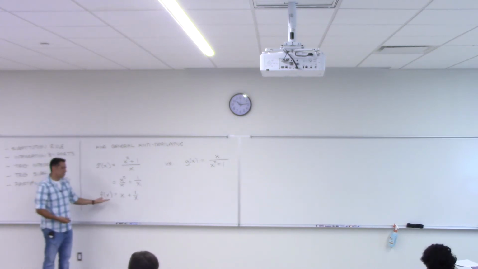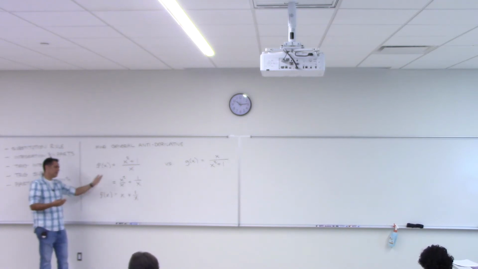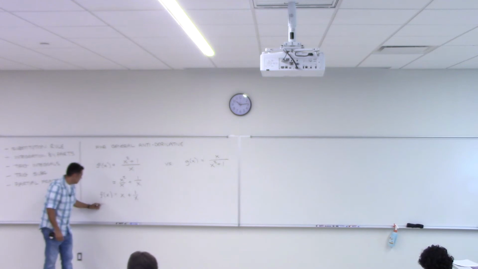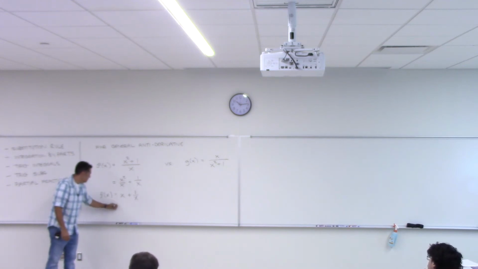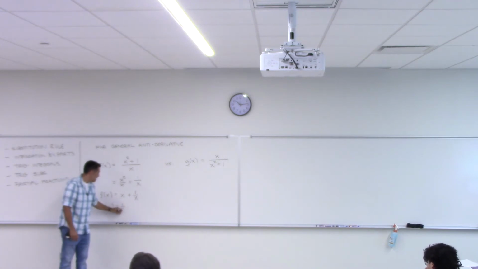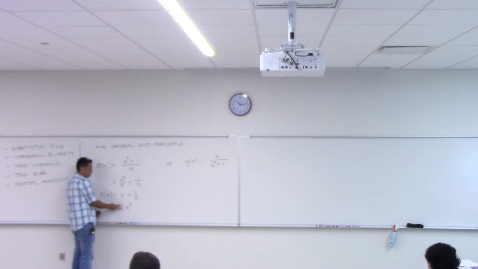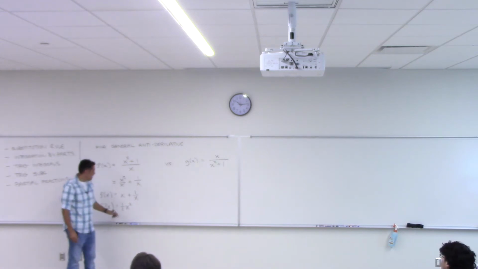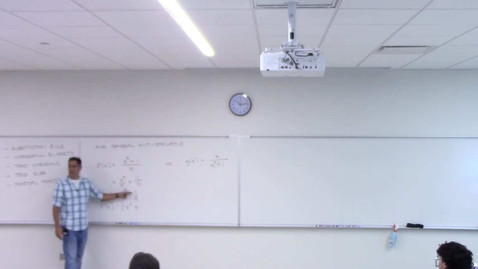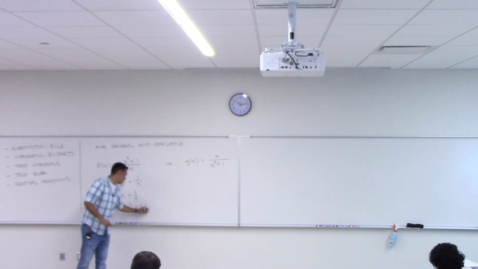So I think we could do this one, right? Given that we all did our homework and feel good about what we did. The antiderivative of this would be x squared over 2, or 1/2 x squared. I'm always going to put the fraction out front. You could write this as x squared over 2, though. It's perfectly fine. And then plus, now the antiderivative of 1 over x, natural log of absolute value of x.